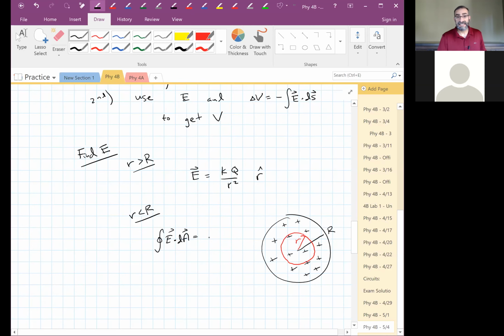The integral of E dot dA over the whole surface of that Gaussian sphere is Q inside over our constant epsilon naught. And of course, because we have this nice symmetry, the electric field is constant everywhere over the surface of that Gaussian at that given radius, right? So this is just E times the surface area.